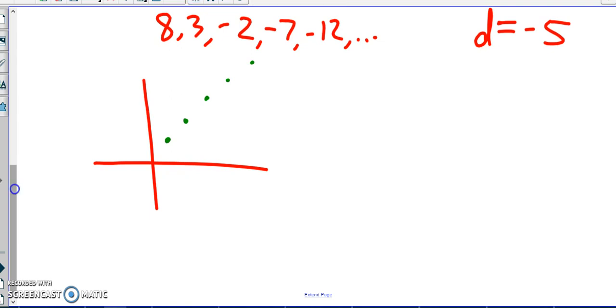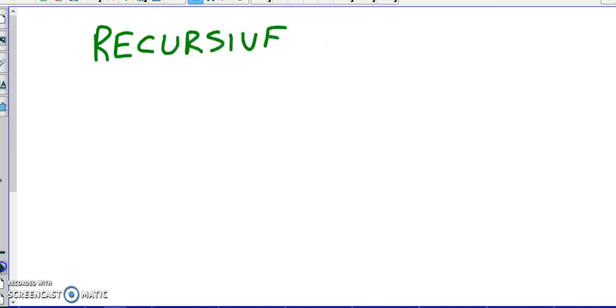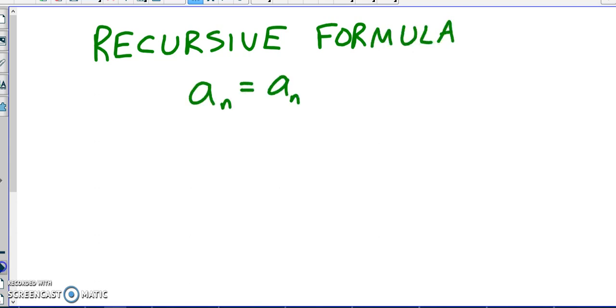So it stands to reason that it would be fairly easy to come up with a recursive formula for one of these things. If I want to get a term, I can take the previous term and add to it the common difference. Well, that makes sense.